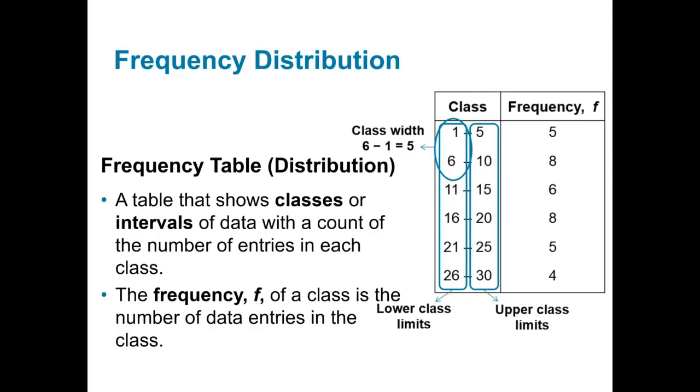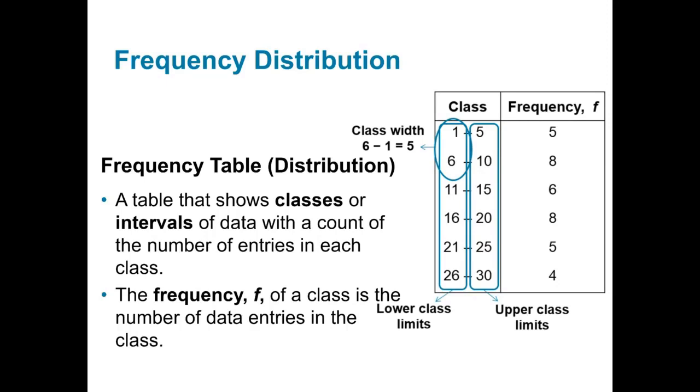So basically, if my data runs from 1 to 30, then I'm going to group it, in this case, in 5s, so that it makes it a little bit easier to see. Instead of seeing a long list with a bunch of individual numbers, now we're grouping them together so we can see that most everybody, for whatever this data set represents, falls between 16 to 20 and 6 to 10.